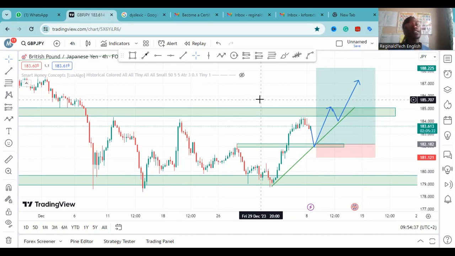Remember that the pairs that we are trading are GBPJPY and GBPUSD, but as an individual, I love to trade GBPJPY, because that's where I feel I have a great opportunity to analyze, and therefore my losses are lesser than my winning trades.